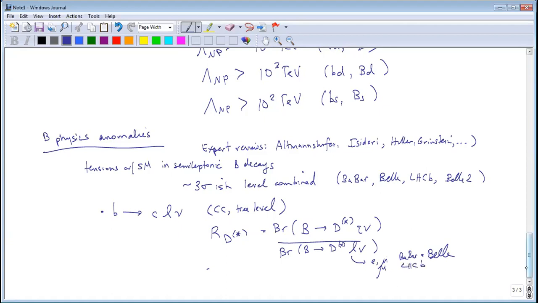Okay. So that's one of these, and the main issue here is that because they're ratios, the thought is that hadronic uncertainties, which are extraordinarily important for understanding and calculating any of these branching ratios in the standard model, the thought slash hope is that when you take the ratios, things are going to be much cleaner theoretically, because certain things are going to be common to both and cancel out, okay?